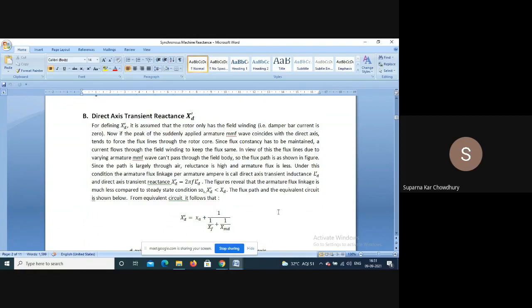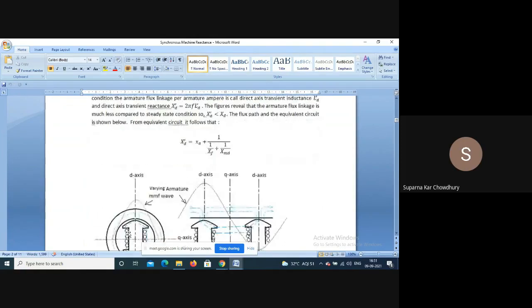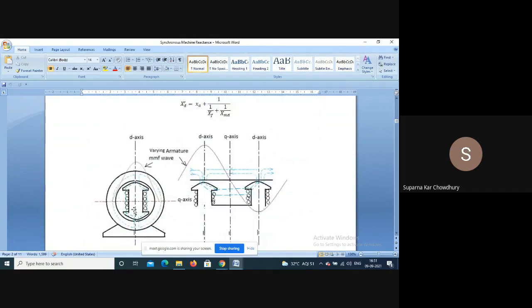Since flux constancy has to be maintained, the flux I have shown is not the flux created by the field body. This is the armature reaction flux. Initially it was not there, we have suddenly applied it along the direct axis. So the rotor will try to keep its flux linkage constant, and it will not allow this flux to go through the rotor body.